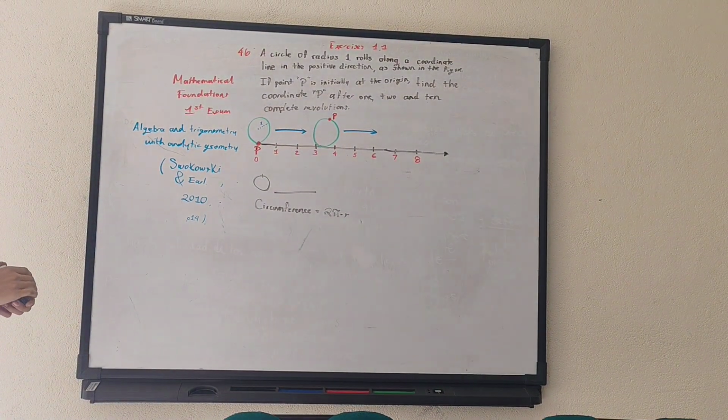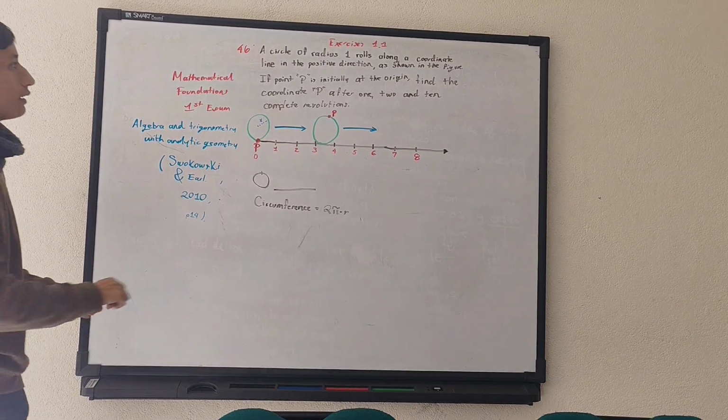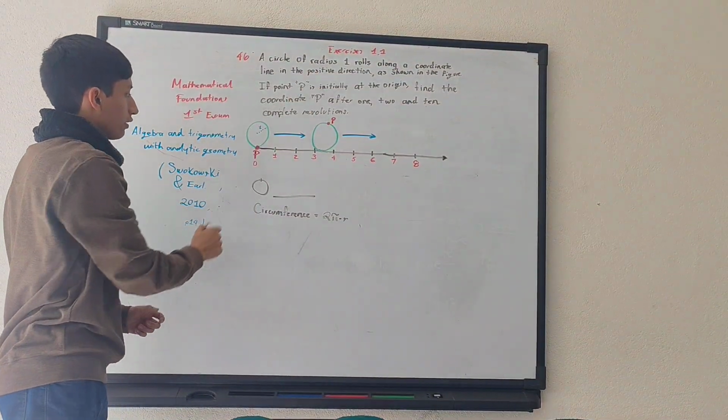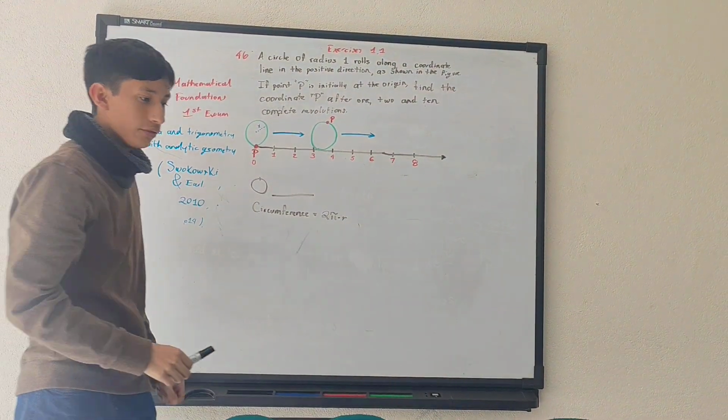And our problem says that the radius of this circle is 1 unit.